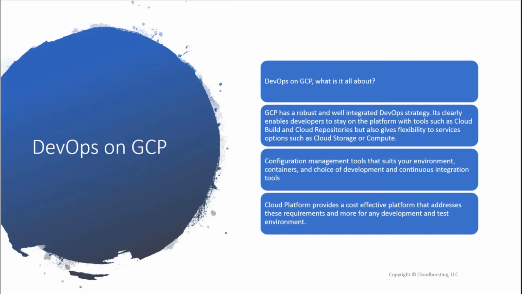Again, we have Cloud Build, Source Repositories. We have other tools like Cloud Pub/Sub, and then also big data tools such as Bigtable, BigQuery. We have other tools that can really extend out like Cloud Endpoints. Again, we'll talk about these services more in detail.